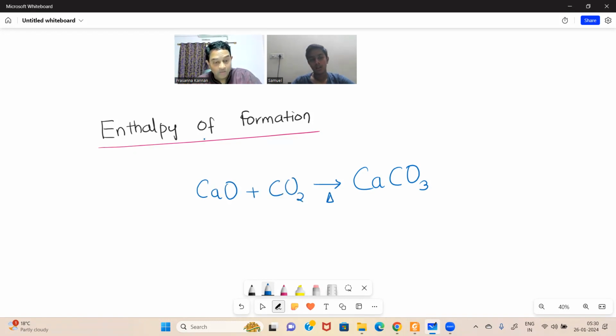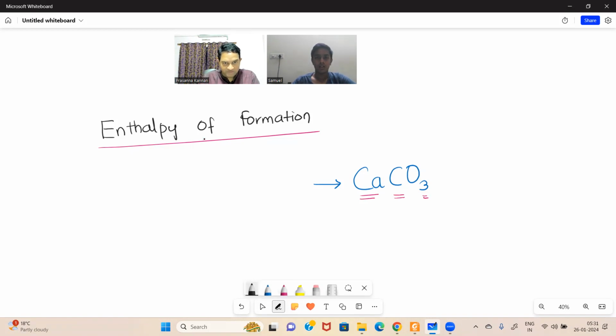But you should not write this equation for enthalpy of formation. Whenever I say enthalpy of formation, what I mean is enthalpy of formation of a compound from its basic elements. So what are the elements in calcium carbonate? Calcium, carbon, and oxygen.